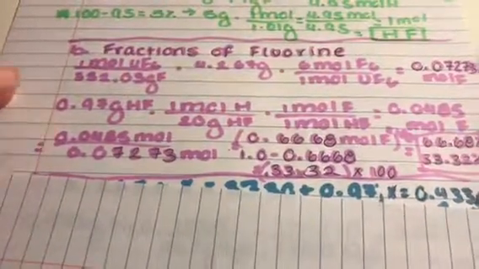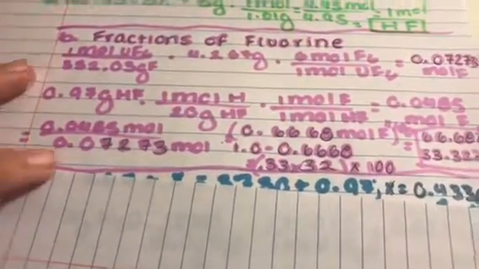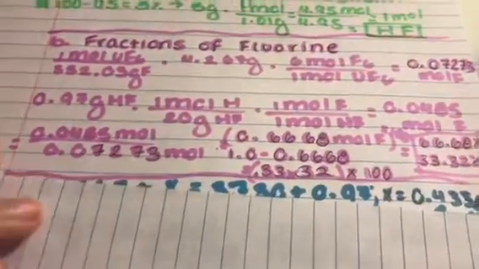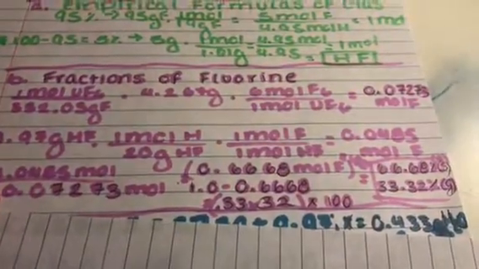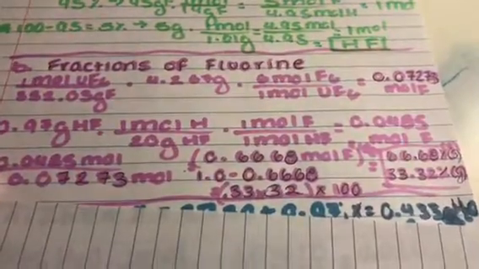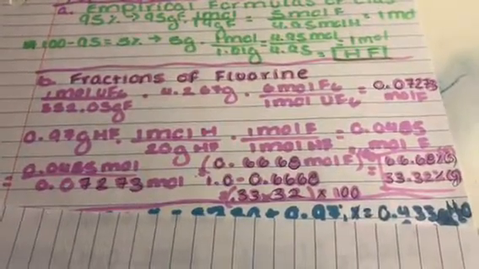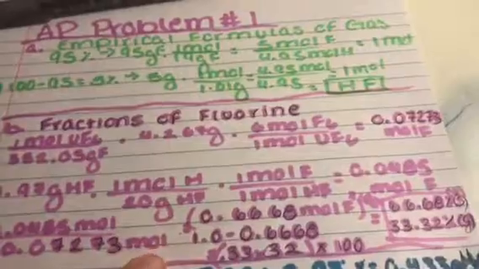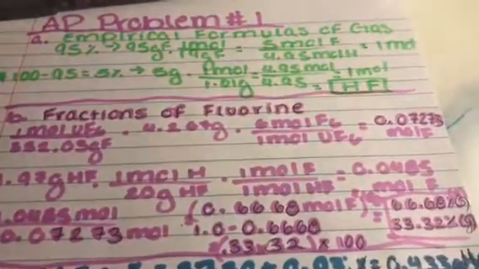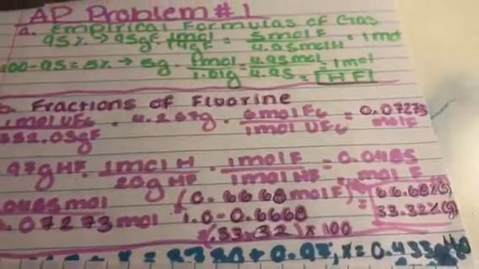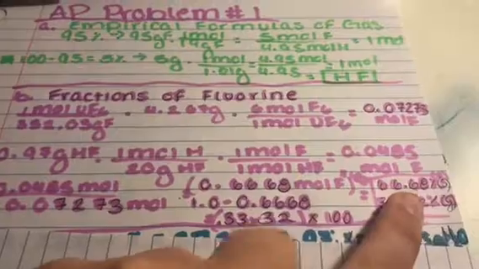So we have the value of the gas up here, 0.0485 moles, and then we're going to divide it by the initial amount of fluorine, 0.07273 moles, and that puts us at 0.6668, and times 100, that would be our percent, so that's 66.68% of fluorine that ends up in the gas.